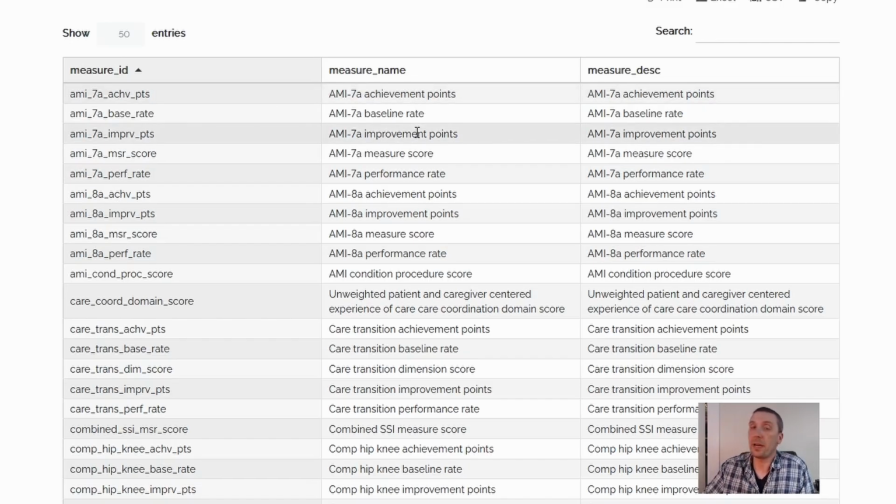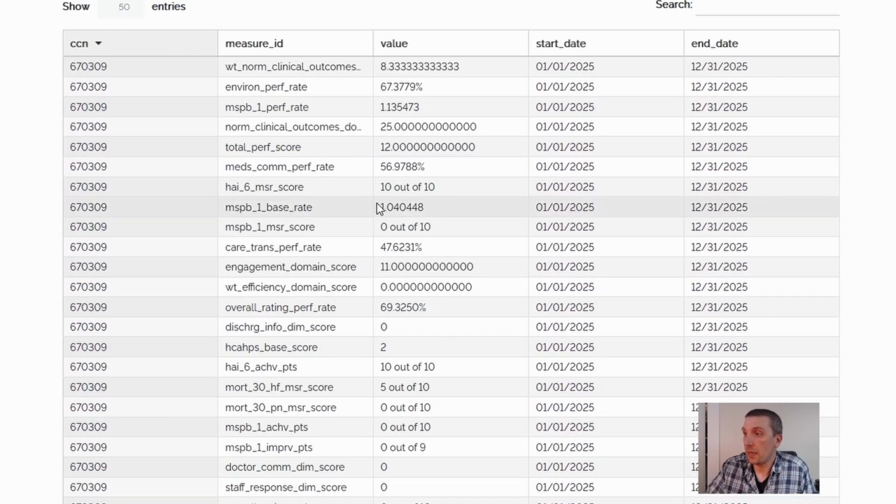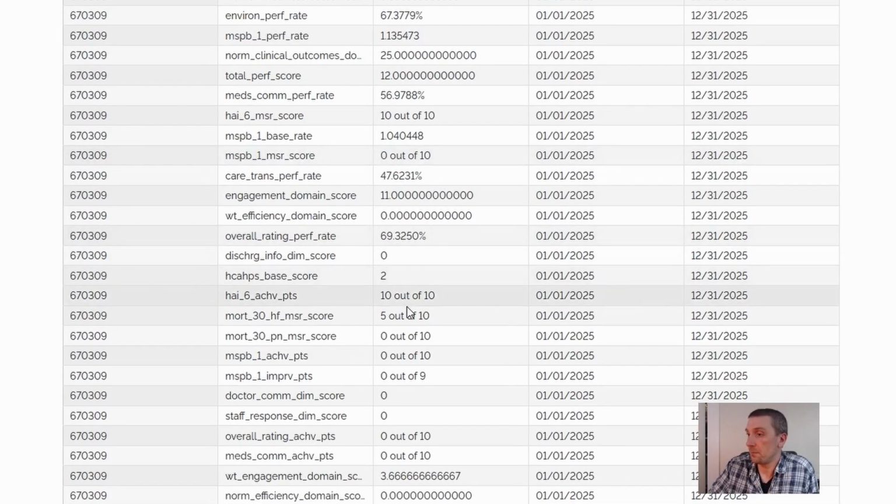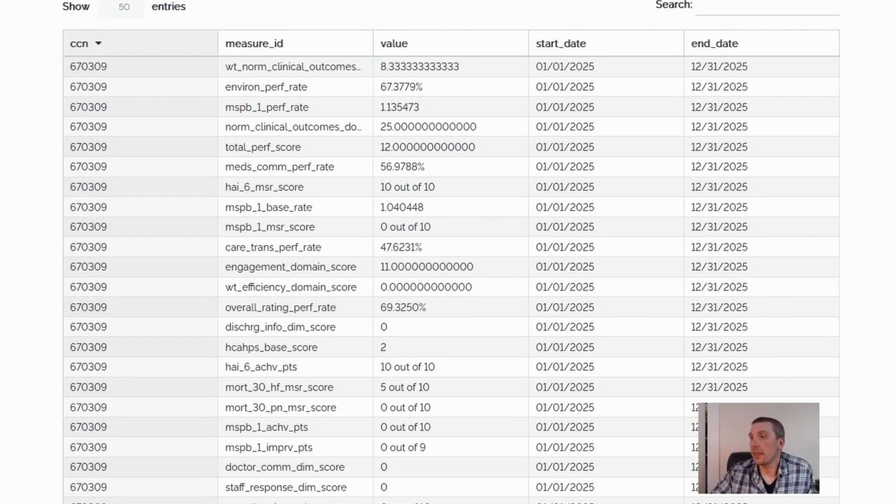Improvement is compared to themselves. Did they improve or did they not? And here the data is a combination of numeric percentages and then points out of 10 in terms of their achievement.